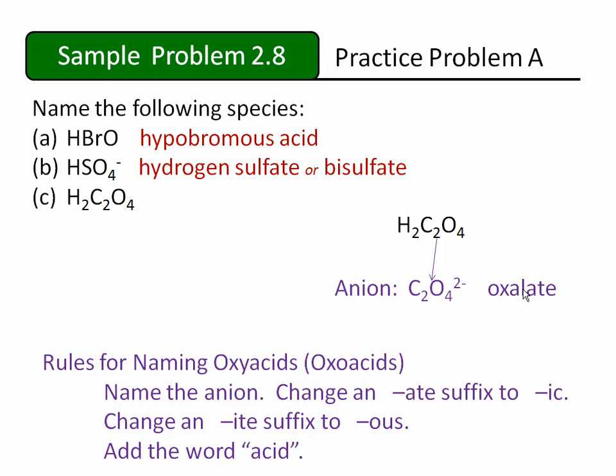This ion appears in the Think About It box on page 63, and it's called oxalate. According to the rules then, our ATE suffix will be changed to IC, and we will add the word acid. So H2C2O4 will be called oxalic acid.